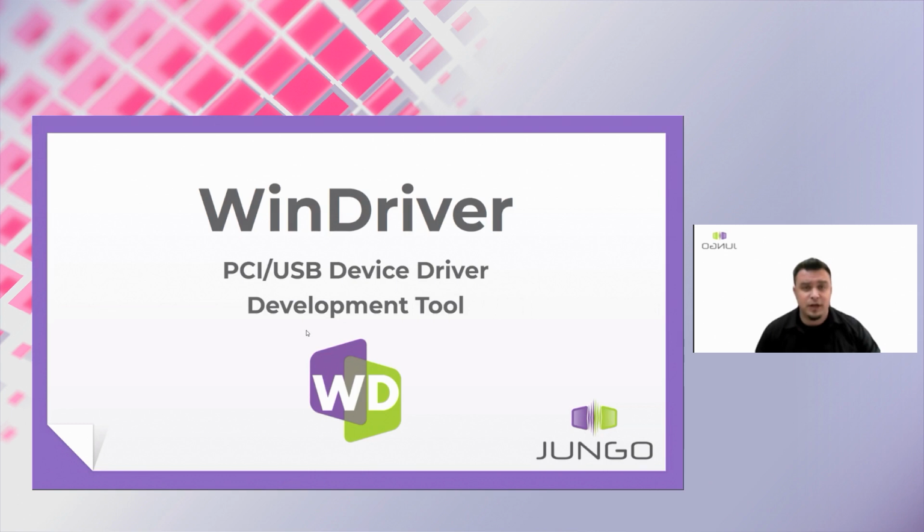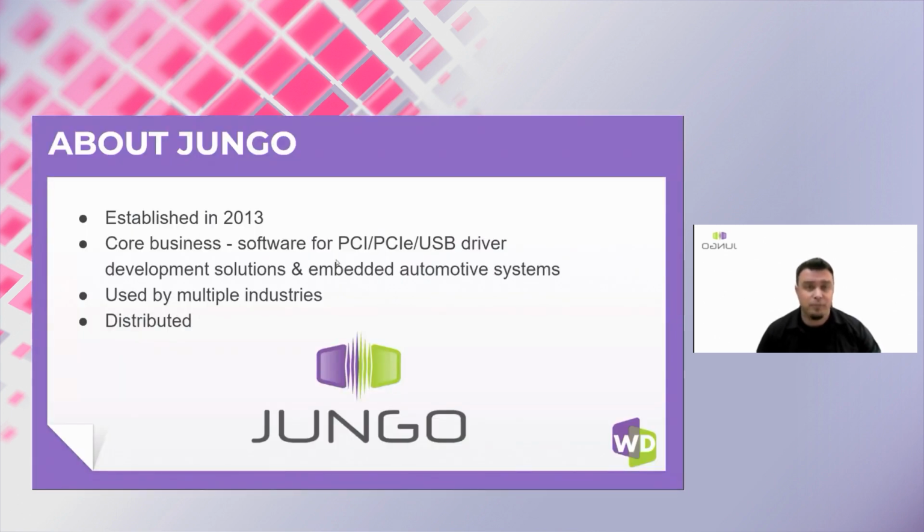Now, before we start, I'd like to say a few words about our company. Jungo Connectivity was established in 2013, and it is a spin-off of a previous Jungo that has been operating in the market since 1998. Our core business is software for PCI, PCI Express, USB driver development solutions, as well as embedded automotive systems.